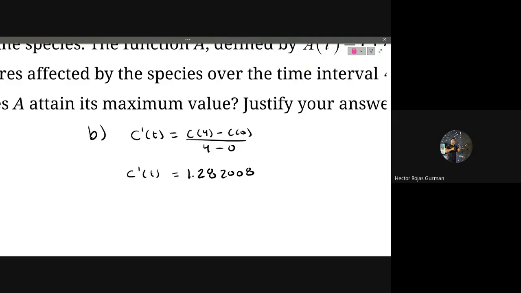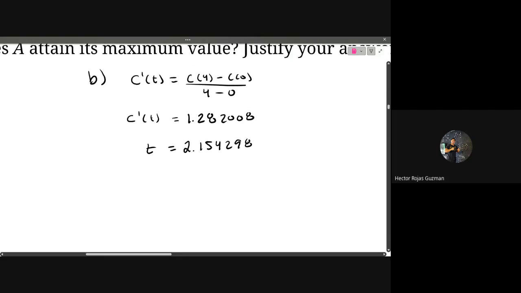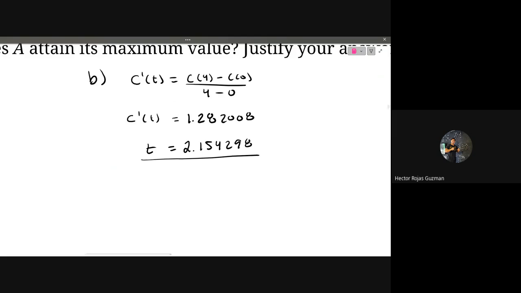Well, use your graphing calculator. Graph them, find the point of intersection, and you're going to get that t equals 2.154298. Again, 3 decimal places, okay. And that's your answer. But put it in the context. The instantaneous rate of change.